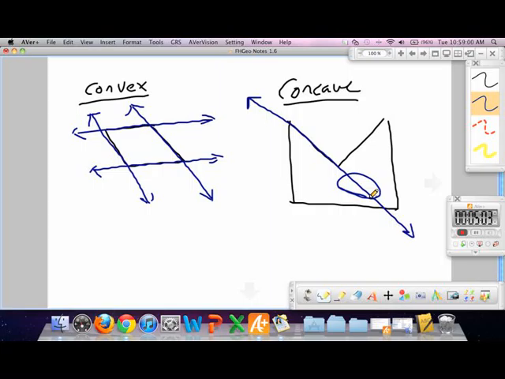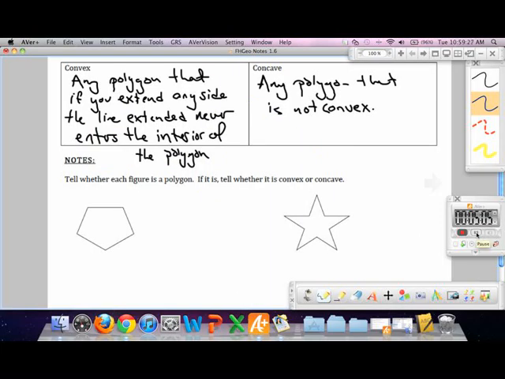So very quickly, is the first example here convex or concave? This is a convex polygon. Is the second one concave or convex? Prove to me why.